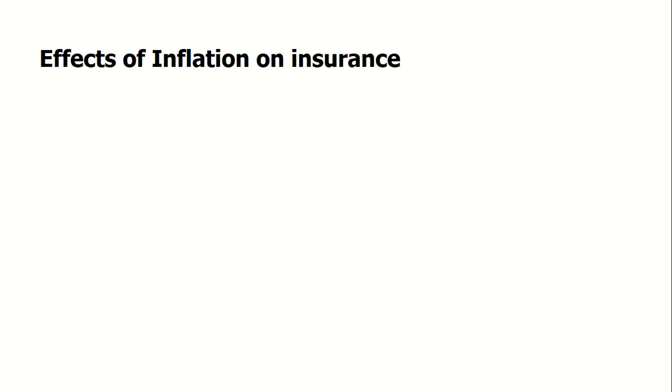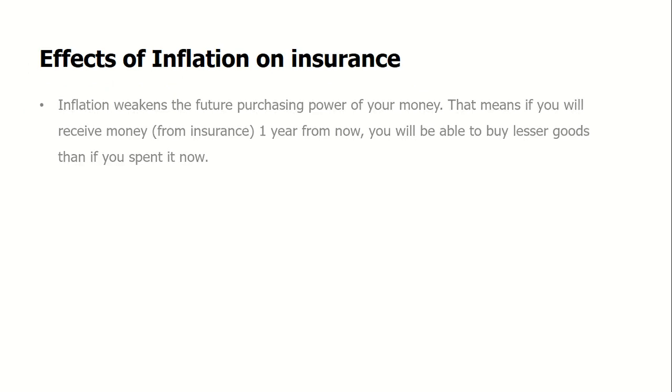Inflation would also have an effect on the purchasing power of your insurance, or the purchasing power of future money. Inflation weakens the future purchasing power of your money. That means if you will receive money, or premium from your insurance, 1 year, 2 years or 5 years from now, you will be able to buy fewer goods than if you spend it now.